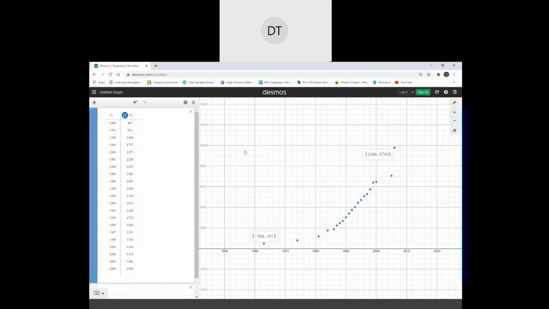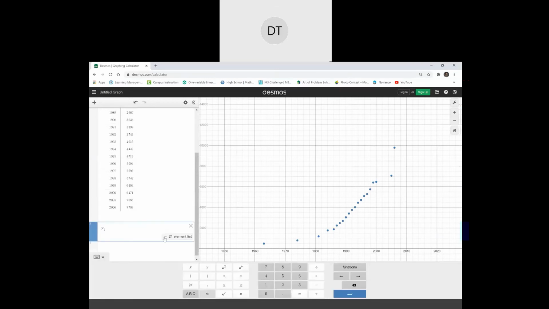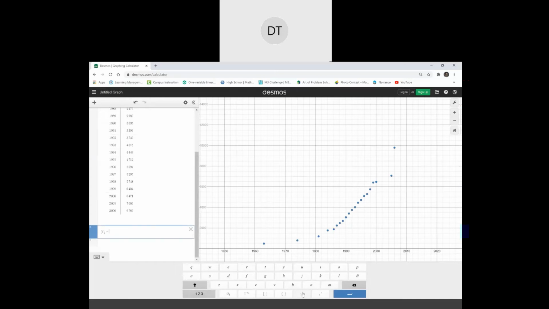Now to determine which function best represents the model in this situation: a linear, a quadratic, or an exponential. Let's try that for each, starting with the linear. So y1, grab your tilde, that's under ABC, tilde, mx1 plus b.